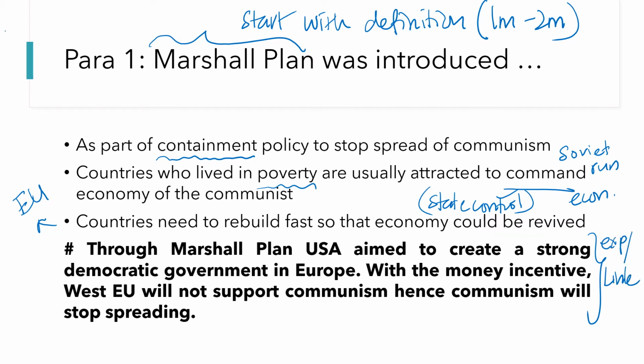The idea is Marshall Plan was to ensure that there were actually stronger countries or stronger governments in Europe, so that when you offer them money, okay, they will not be attracted to communists. And when they are not attracted to communists, it actually helps countries to recover quickly. And when they recover, definitely they do not want to go back to being communist. All right.